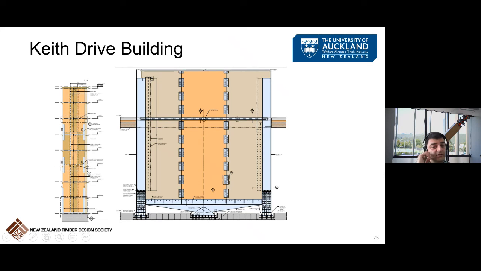For the walls, an interesting and sort of innovative detail was used. RSFJ hold-downs in the form that you see were used at the bottoms. Instead of a rocking mechanism, they selected a rotating mechanism. And this rotating mechanism allows them to eliminate the uplift demand at the wall-to-floor connection, so basically reduce the damage.